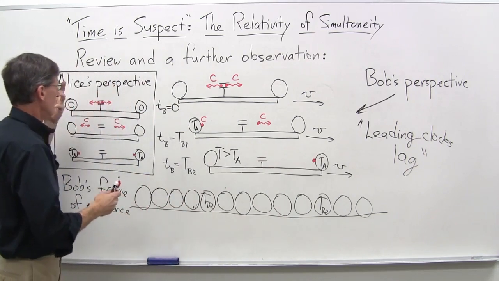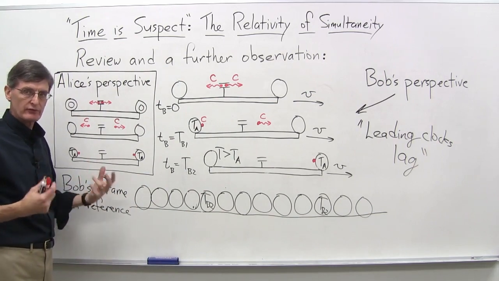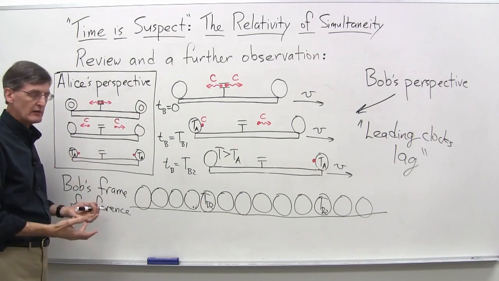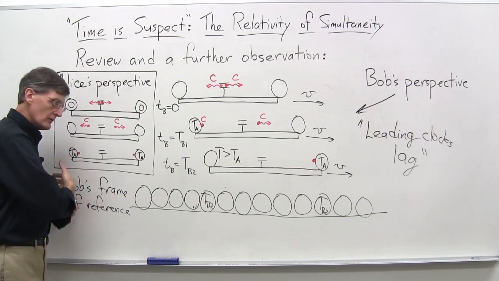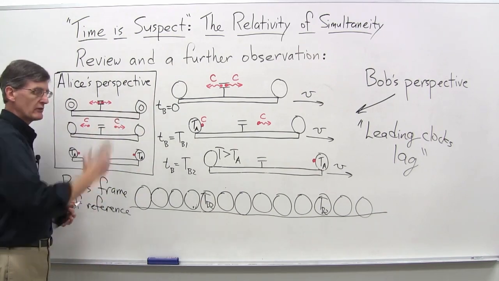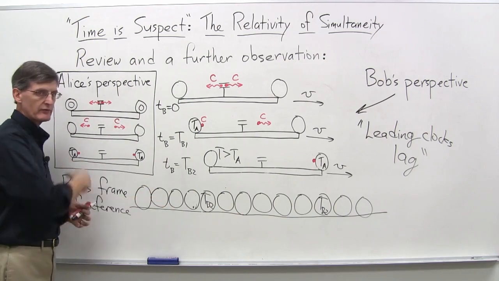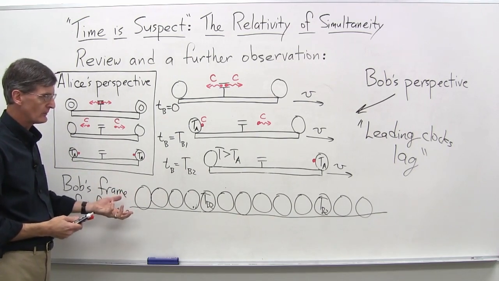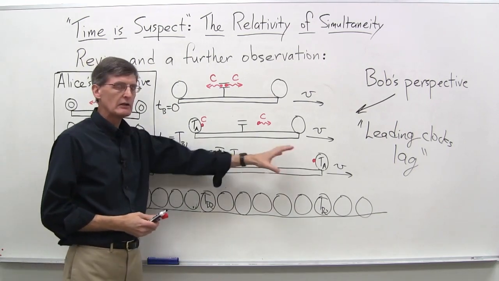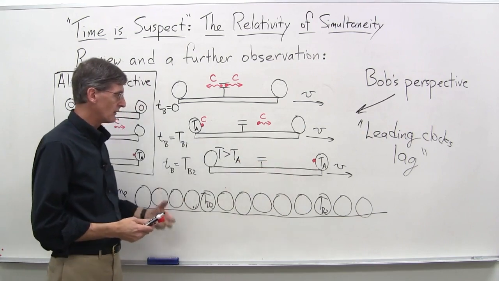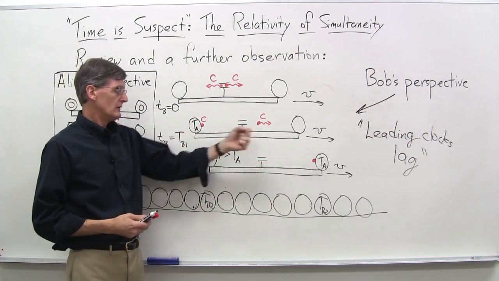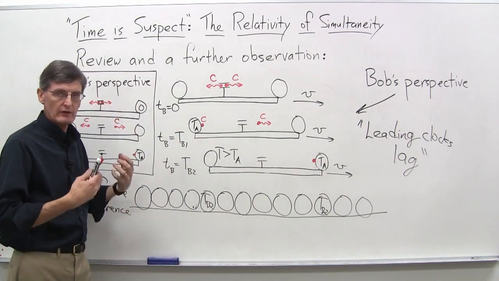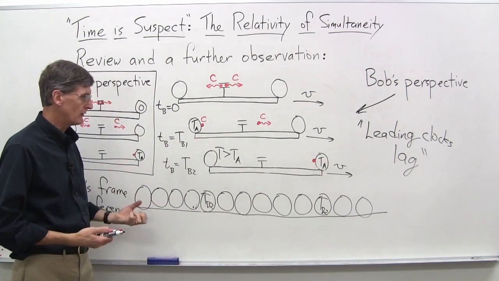Okay, so a review of this first real aspect of weirdness, the relativity of simultaneity, the relativity of clock synchronization. Bob synchronizes his clocks, Alice synchronizes her clocks, but Bob thinks Alice has messed up. Alice thinks Bob has messed up in terms of his clock synchronization. And this idea that leading clocks lag is a result of this whole idea that simultaneity is relative, synchronization is relative, absolute time cannot be defined.